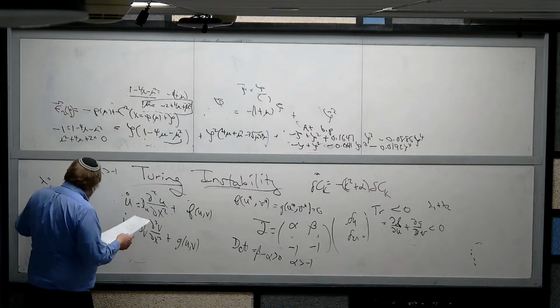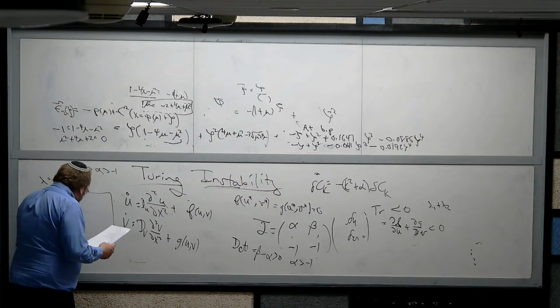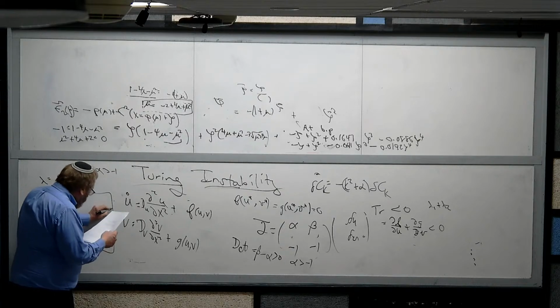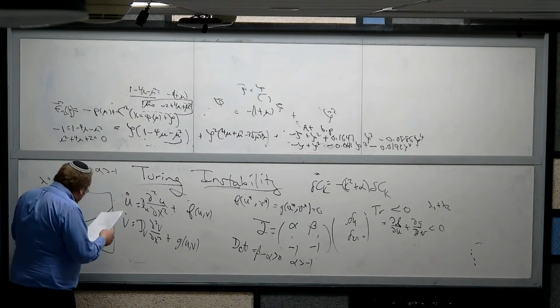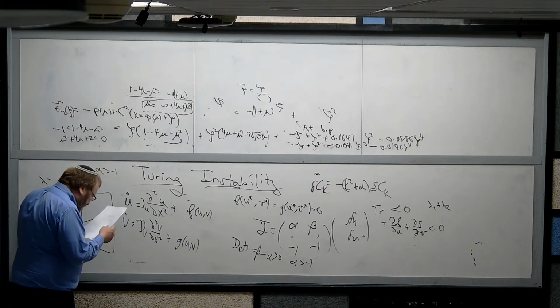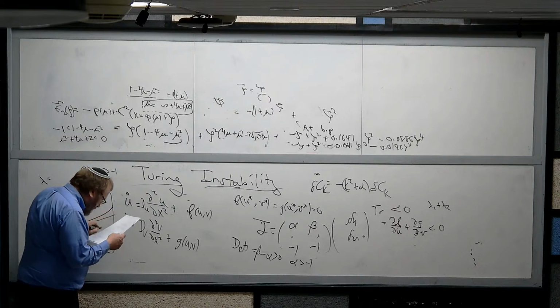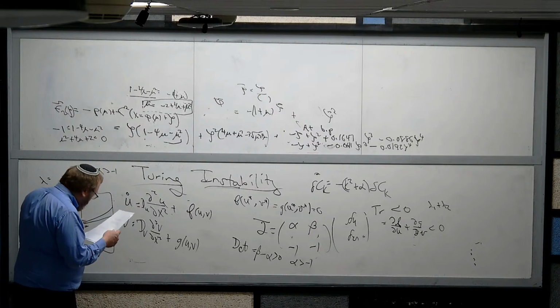All right. So then, in the alpha-beta plane, you have a picture that looks like this. You can work out the algebra.